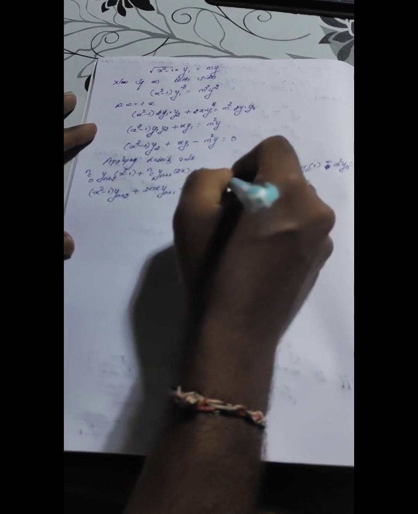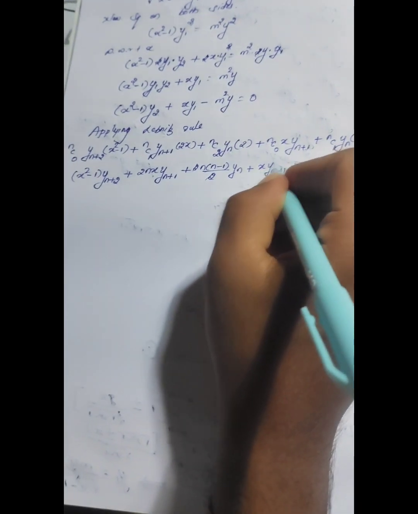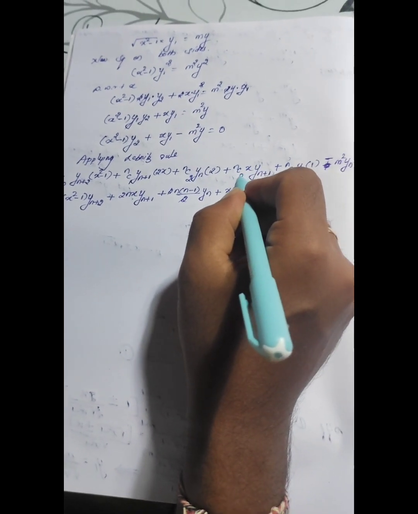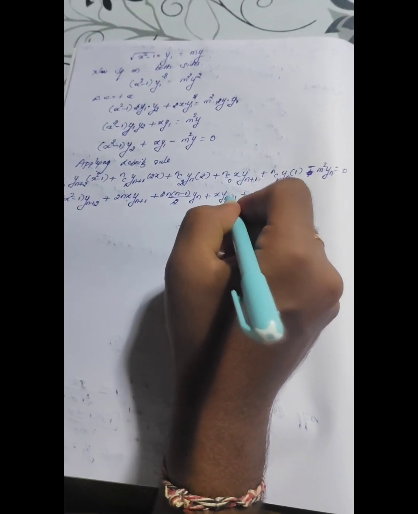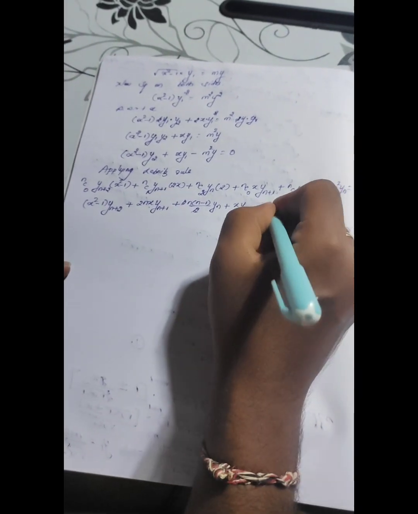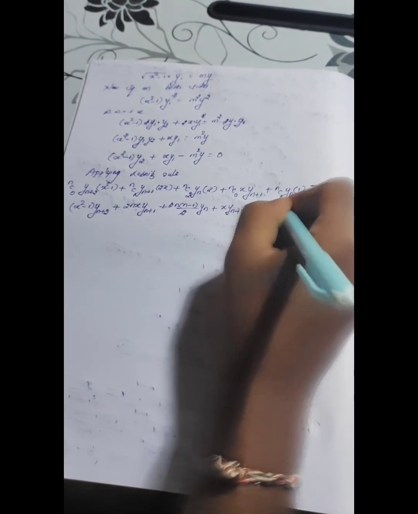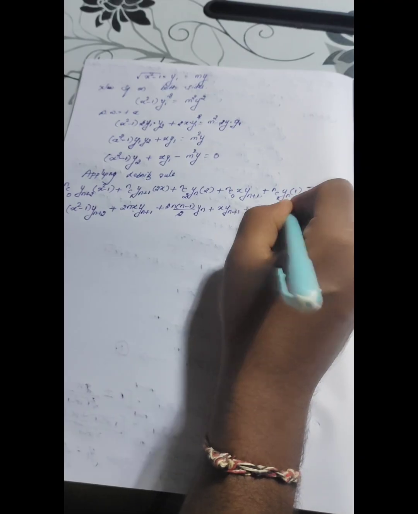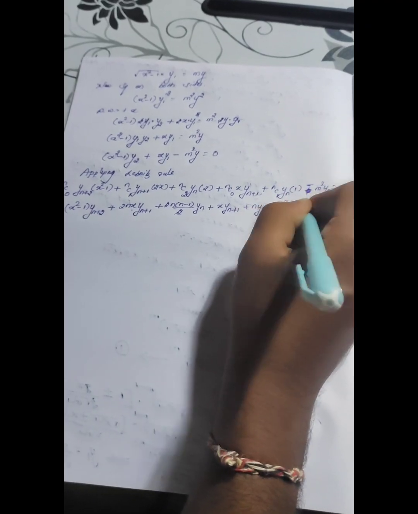So 2 will get cancelled into yn plus nc0 is nothing but 1 itself, so that will become x into yn+1 plus nc1 is n, so that will become n yn minus m square yn I am writing as it is, this will be equal to 0.